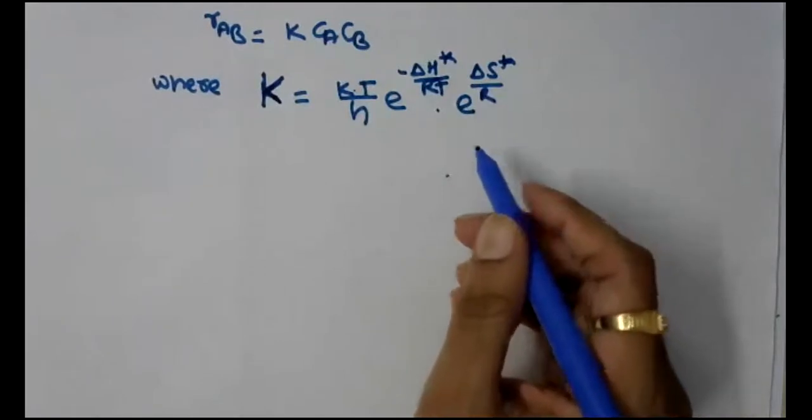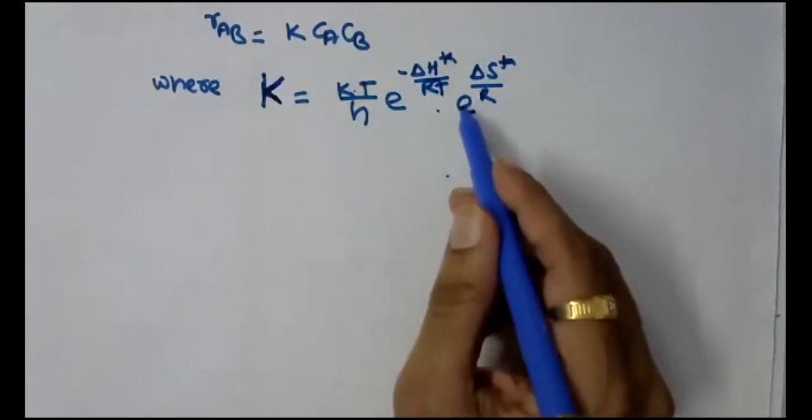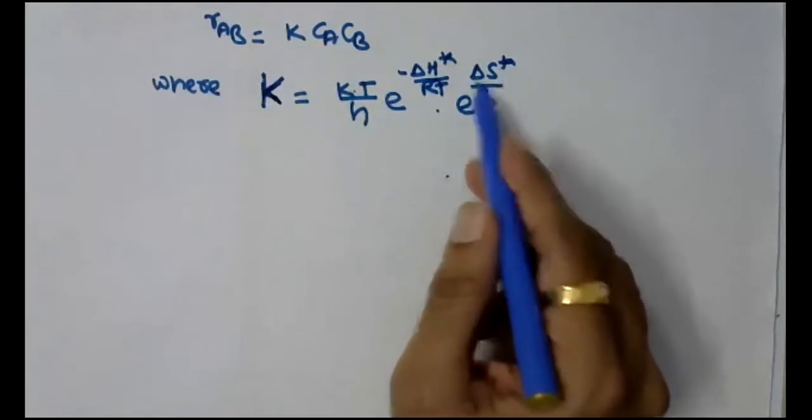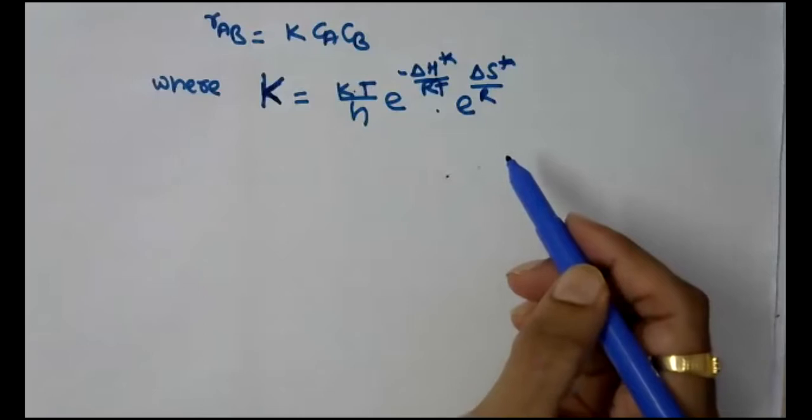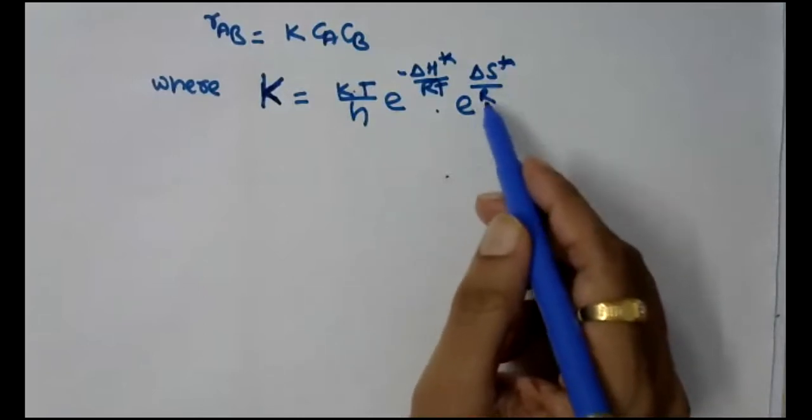Now, in this particular expression, the term e raised to delta S star upon R is temperature insensitive, or the effect of temperature on this term is very, very less.